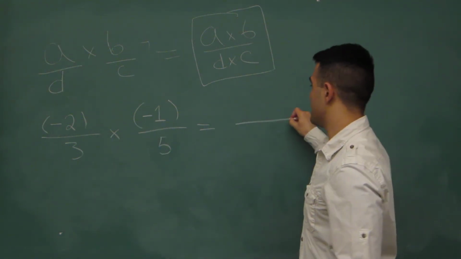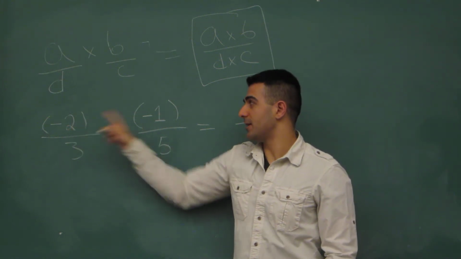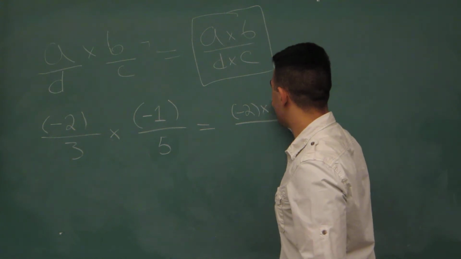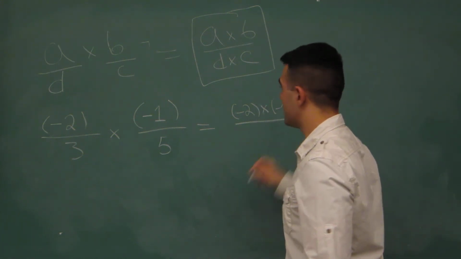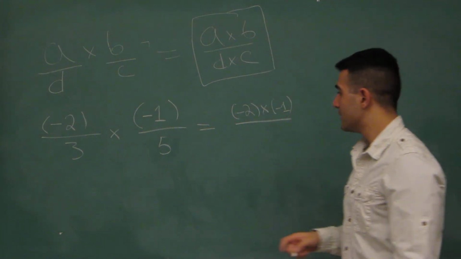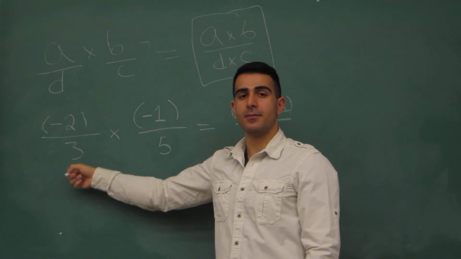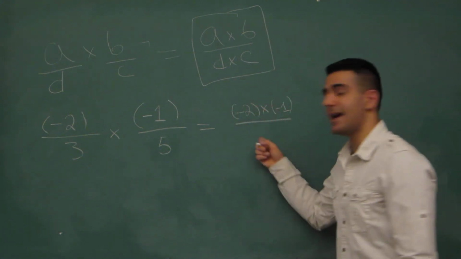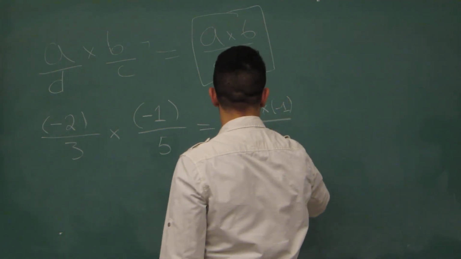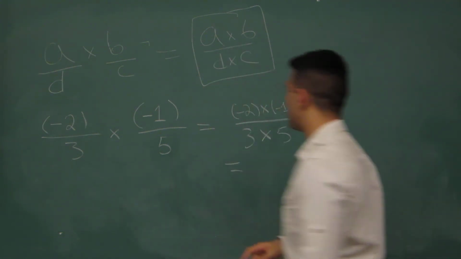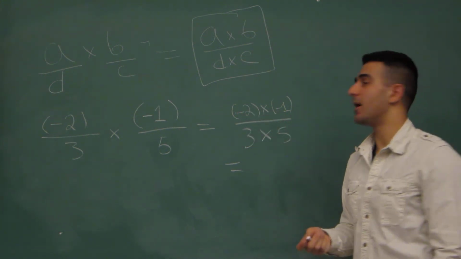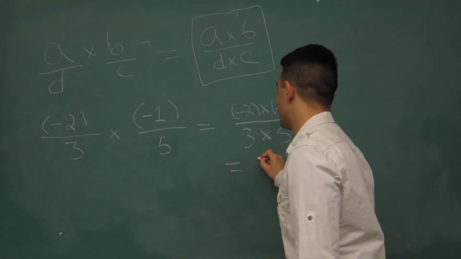Well, we probably already know how to do this by now, but we multiply the numerators together, which would be -2 times -1, because we're just multiplying the numerators together, putting that on the top of the fraction, and then we're multiplying the bottom, or the denominators, together, and putting that at the bottom of the resulting fraction. So that would be 3 times 5. And we can simplify because we have two negatives, and a negative times a negative is just positive. So this is just 2 times 1.